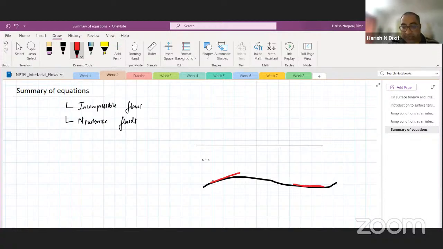So what I'm really looking at is the variations between a point here on the surface and a point here. Now I'm looking at variations along this curved surface. That quantity that I'm looking at is my surface gradient.